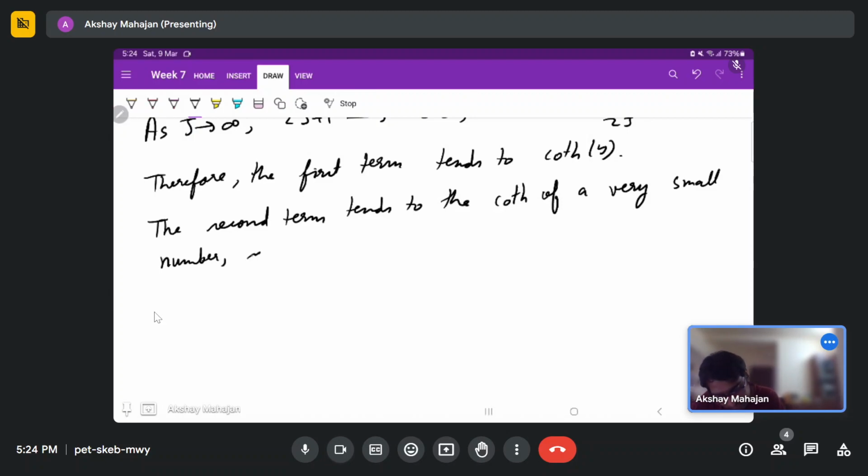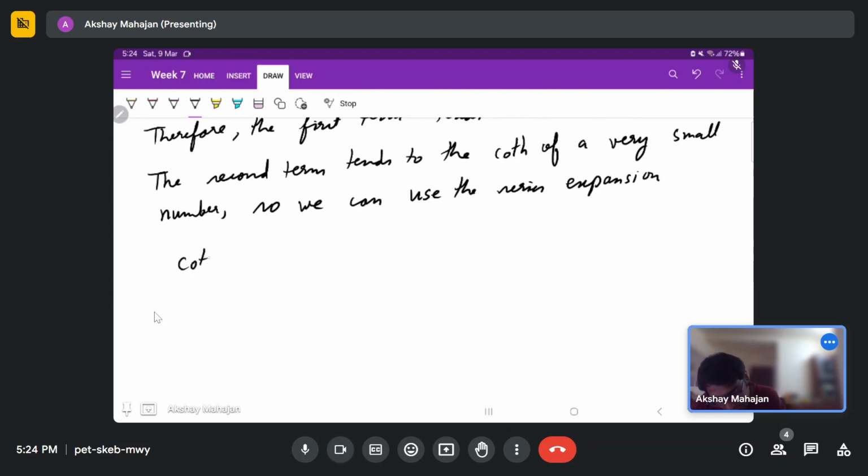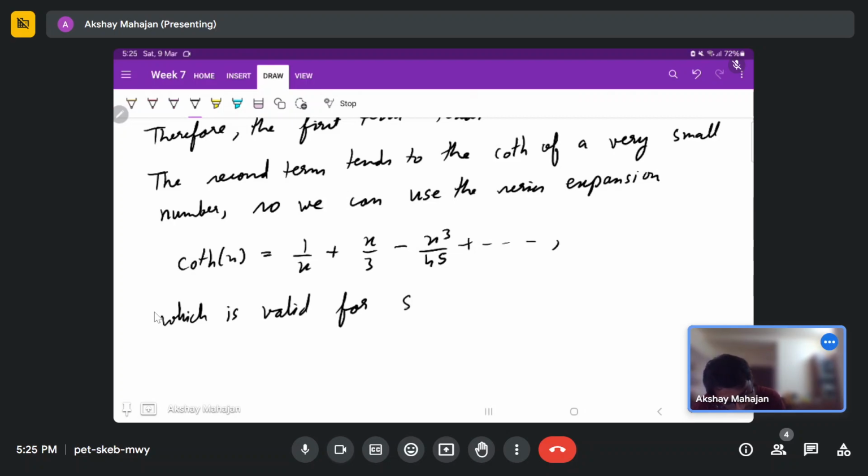So we can use the series expansion. We can use coth of x, and the expansion is 1 by x plus x by 3 minus x cubed by 45 and so on, which is valid for small x.